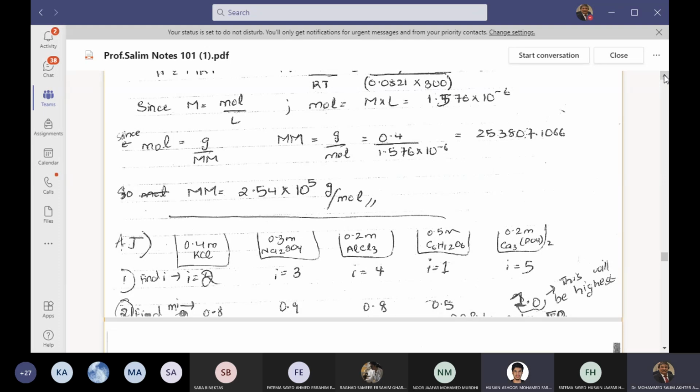Is it that one for freezing point? Delta TF equal to KF m i.